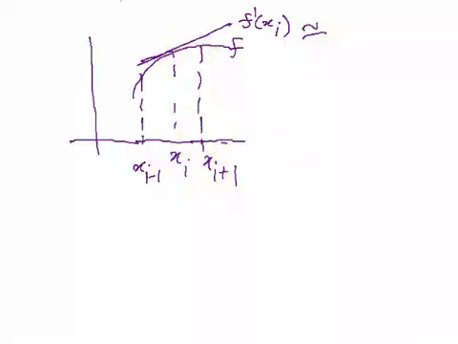Using these points, you can write an approximation to this derivative. Let's say this is your yi, the corresponding y value, and this is your yi plus 1. Using these two data points, you can write an approximation.